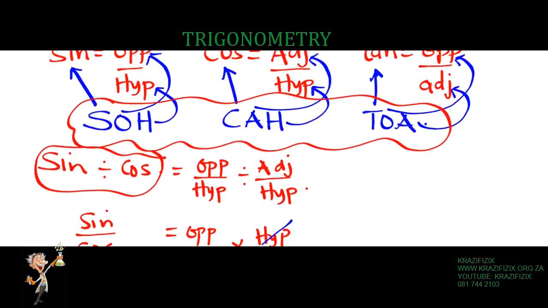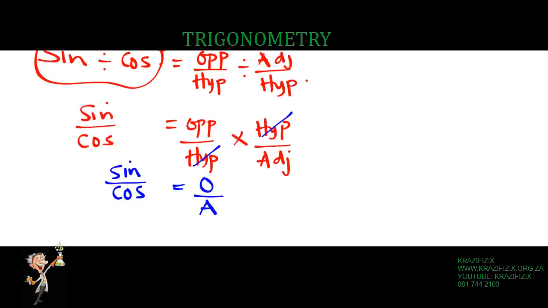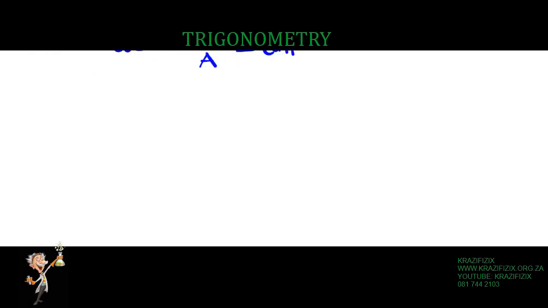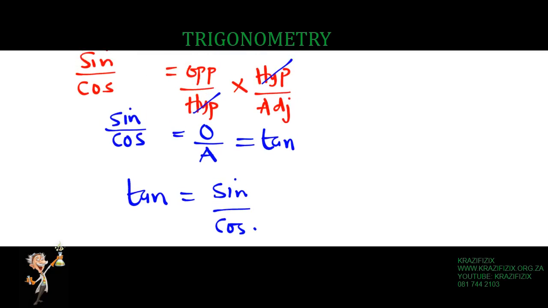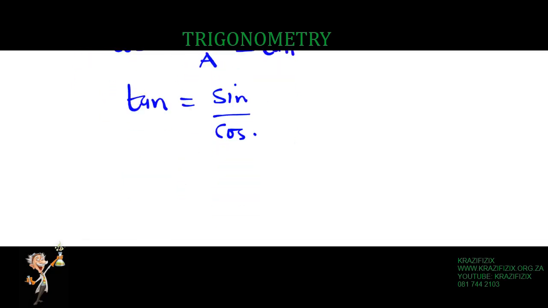Where? Tan. Which means that tan is actually equal to sine over cos of the angle. We are going to introduce the angles in a minute. So sine over cos is equal to tan.